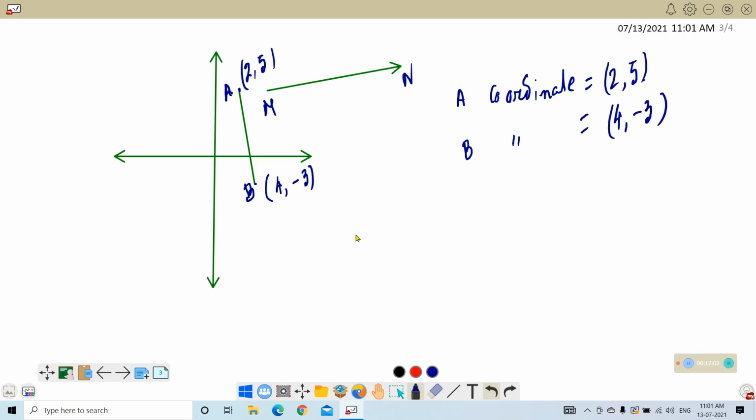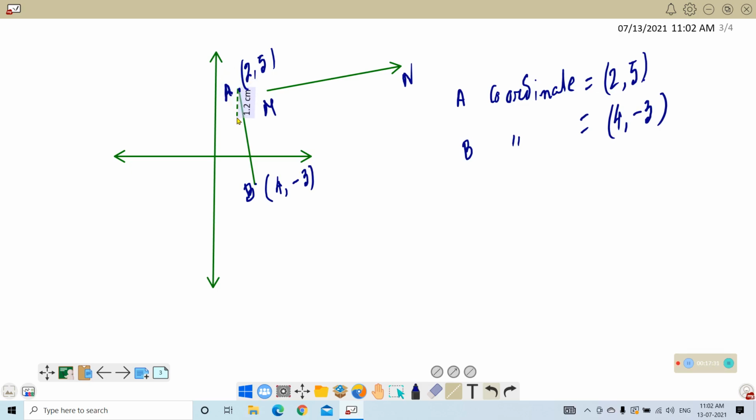Now, the idea of increment. So, here we see the x coordinate of point A is equal to 2. So, if we draw a perpendicular here, now we draw a perpendicular like this.